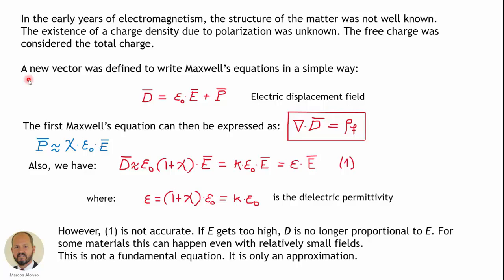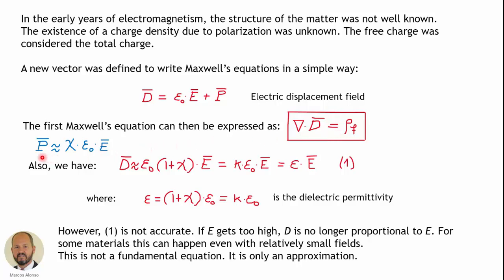So at that time, a new vector was defined to write Maxwell's equations in a simple way, and this is the electric displacement field, which is epsilon sub 0, the permittivity of free space, times E plus the polarization vector P. And using this expression, the first equation is the divergence of D equal to the charge density due to free charges.